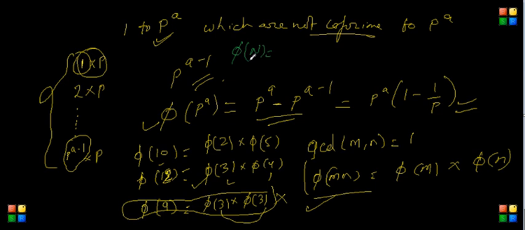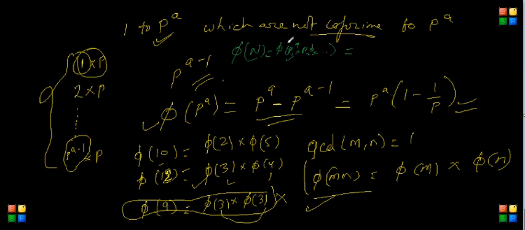My n, as we have already seen, can be expressed as a product of primes, so it can be written as phi of p1 to the power a into p2 to the power b, and so on and so forth. Now, if you see, the first term is entirely composed of one prime number p1, the next term is entirely composed of another prime number p2 and its powers, and so is the case with any subsequent term in this expression.